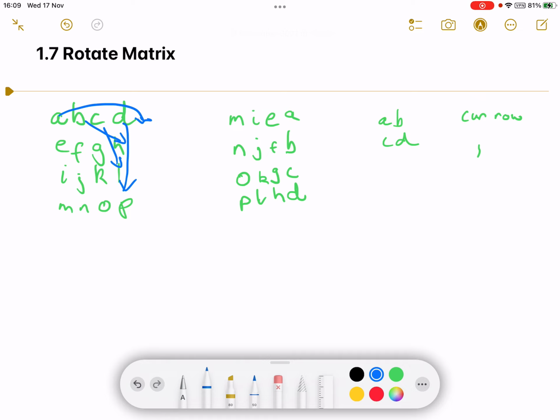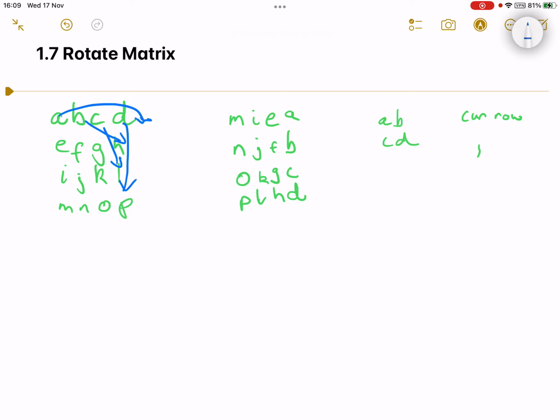I'm just wondering how you crawl across, but you can switch positions. This one is kind of hard to implement. I'm trying to see how.